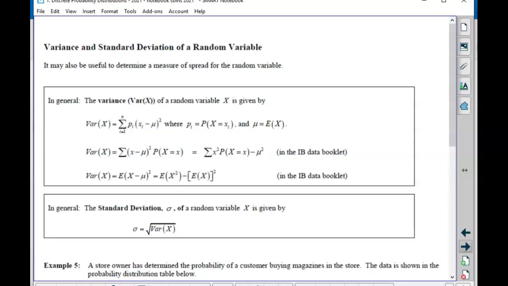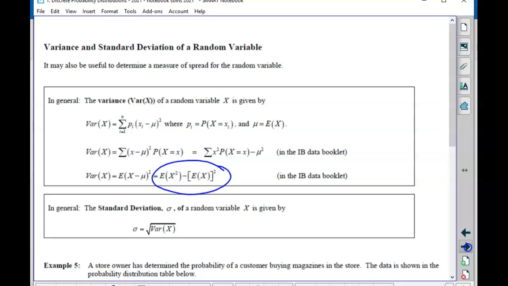So most times when you calculate this, unless it gives you some of this information separately, you're really going to use this version here, because this tends to be a little bit easier. Certainly you don't want to go through every data value and subtract the mean from it.